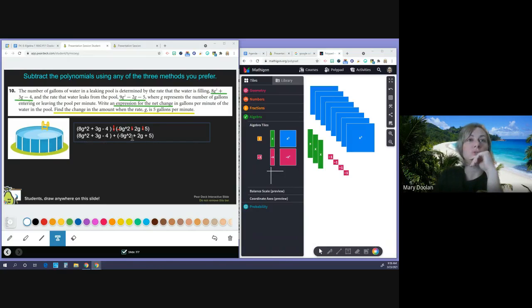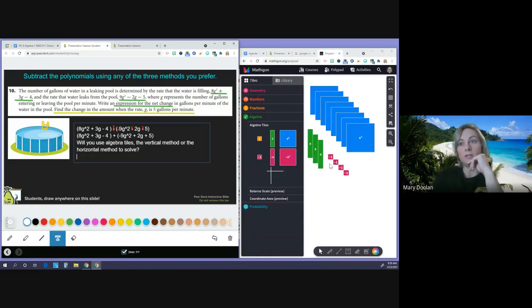Once you change it to an addition problem, this is from where you can now choose any method. Any of them work.